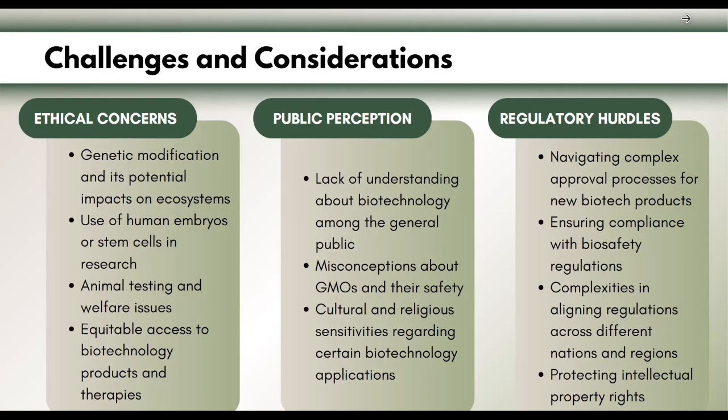And then there are GMO misconceptions and science communication. There is a need for clear, accessible information to build public trust and acceptance globally. This involves improving scientific literacy, combating misinformation, and engaging in open dialogue about the benefits and risks of biotechnology.